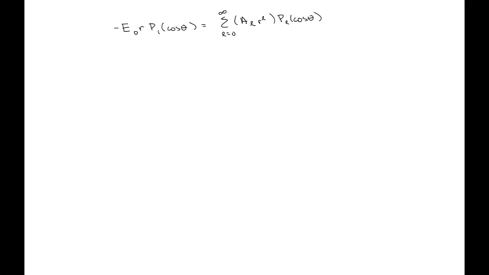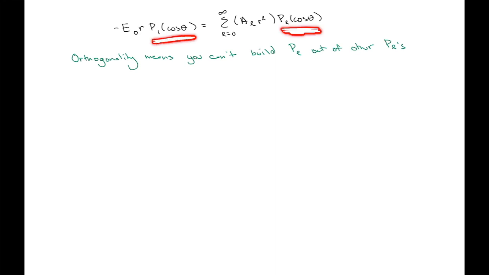Now we have to remember something about the Legendre polynomials. They are orthogonal, and that basically means you can't build a piece of L out of other pieces of L. So I can't sum a bunch of terms here to recreate this polynomial with L equals 1.